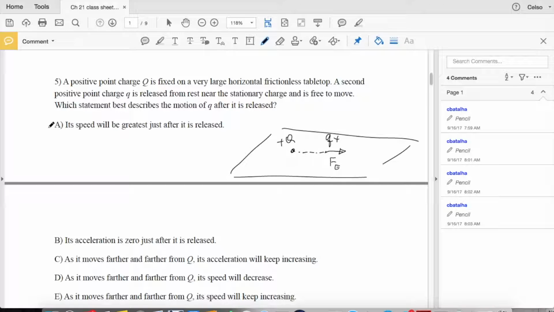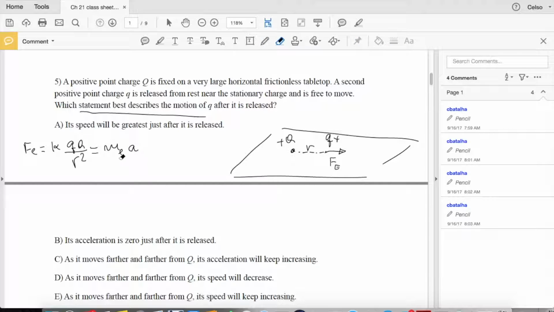So what do we know about this? I think it's asking about motion. Once you place the charge at a certain distance, the force is equal to a constant times the product of the charges over the distance squared. And if the electric force is the only relevant force, this is equivalent to mass times acceleration.